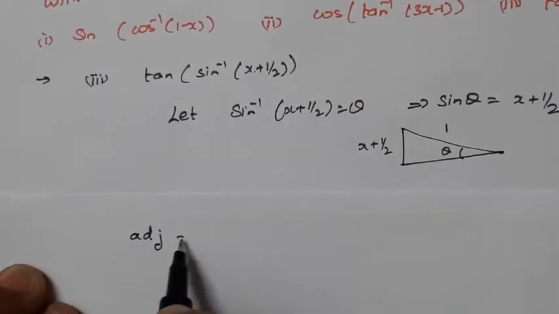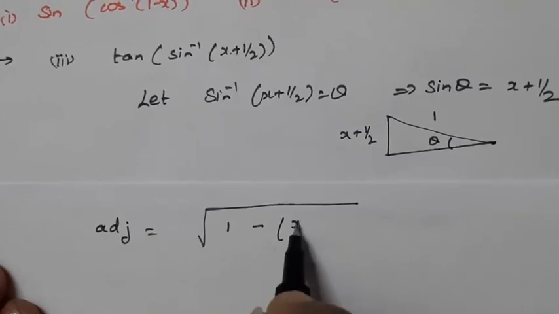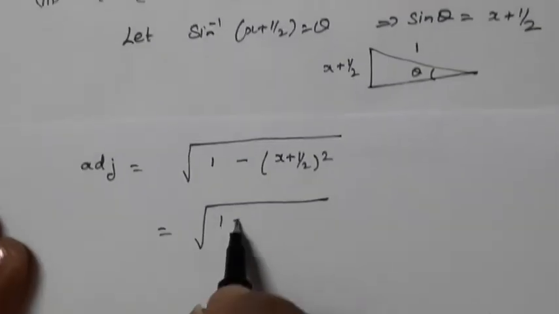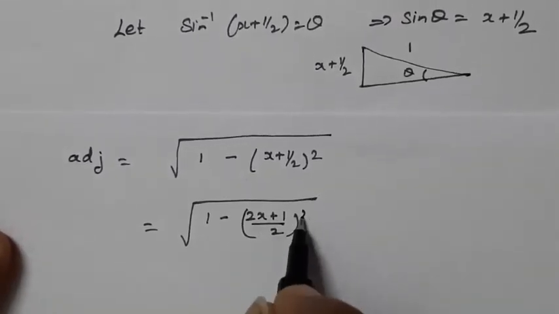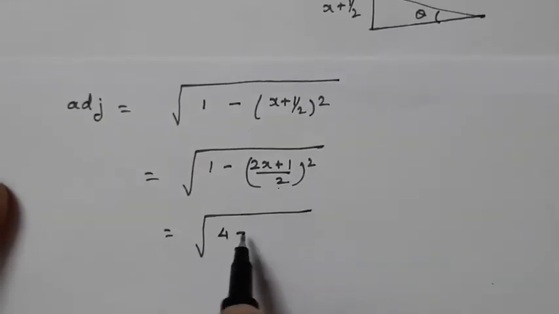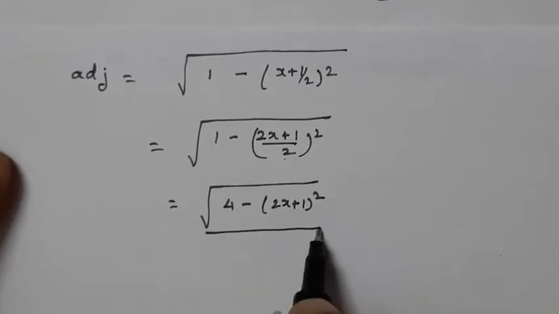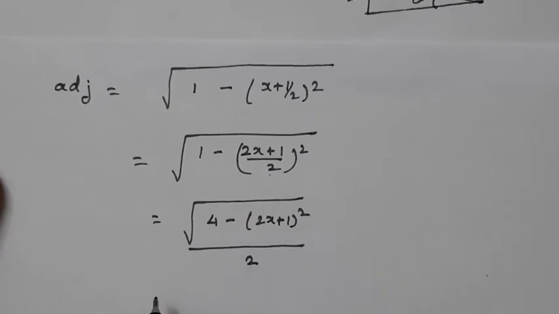So the adjacent side is equal to square root of hypotenuse squared, that is 1, minus x plus 1 by 2 the whole squared. That is square root of 1 minus 2x plus 1 by 2 the whole squared. Okay. So root of 2 squared is 4. So 4 minus 2x plus 1 the whole squared, divided by, outside the root it will become 2. That 4 will become 2 outside the root, right?